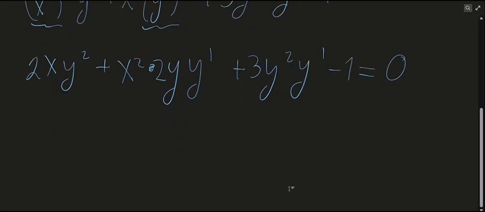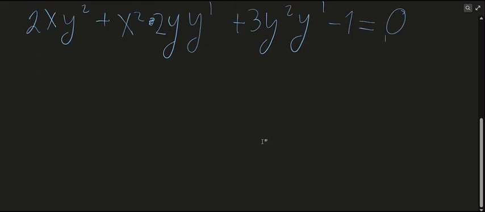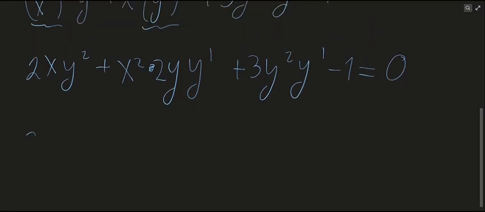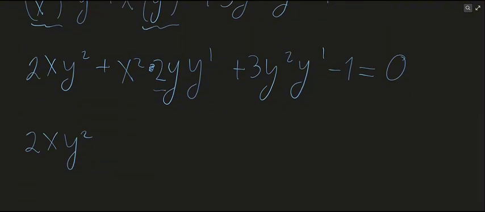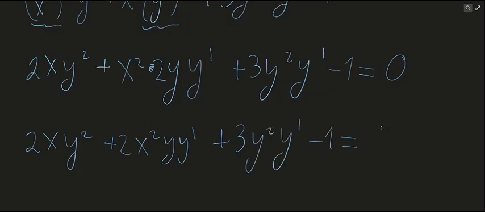Good. Let's clean this up a bit. So that's 2xy squared, that stays the same. This one, I'm just going to bring the 2 out to the front because sometimes it's more convenient to have the numbers out in front. So it's plus 2x squared times y prime, plus 3y squared y prime minus 1 is equal to 0.